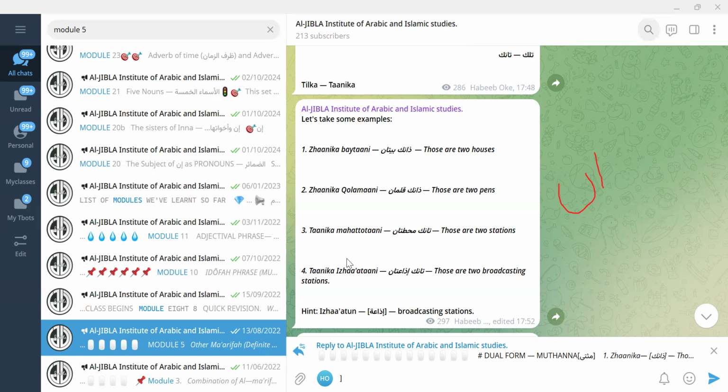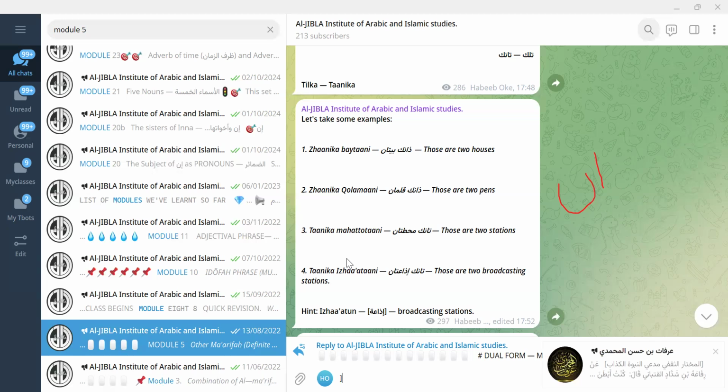So محطة is a station, a normal station, if you want to refer to a police station, a train station, and all of that. The same محطة can also be used for radio, محطة radio, meaning إذاعة.